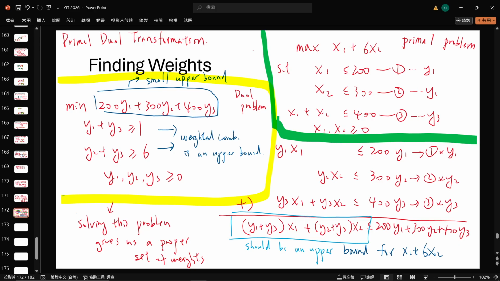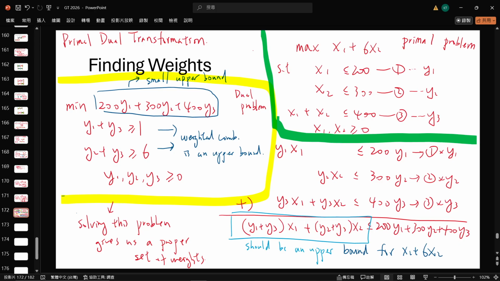Okay, so let's take a break, and I think I can give you more examples. Then I'll show you why matching and vertex cover, these two problems, fit into this transformation. In particular, I'm going to show you that when the primal problem is matching and you do this transformation, you get vertex cover.